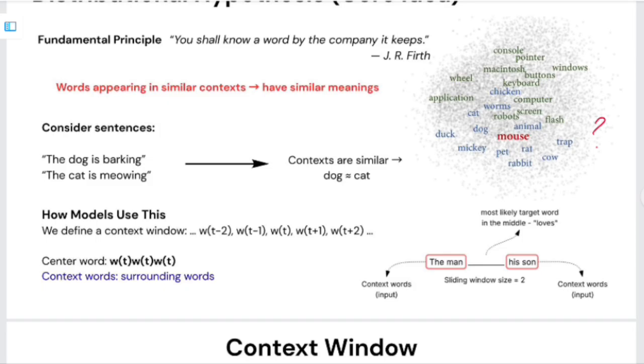For example, if you look at sentences like the dog is barking and the cat is mewing, you'll notice that dog and cat appear in very similar contexts. So even without knowing what these words mean, we can infer that they are similar. This is the key idea. The model never sees definitions, it never sees labels, it only sees patterns of co-occurrence.